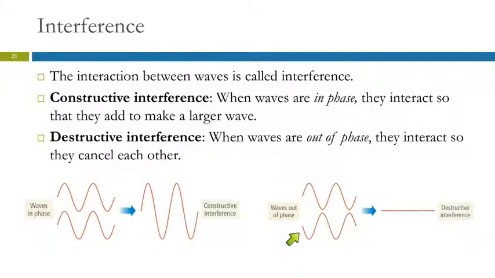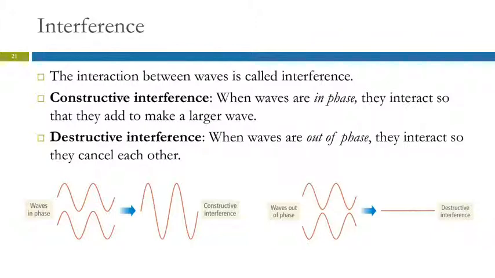If the waves are out of phase, this trough lines up with that peak, then these have destructive interference, and if they're lined up perfectly, they will completely cancel each other out. This can happen on a trampoline also, when you're just exactly out of sync and you bounce and nothing happens. Like, wait, how did that work?